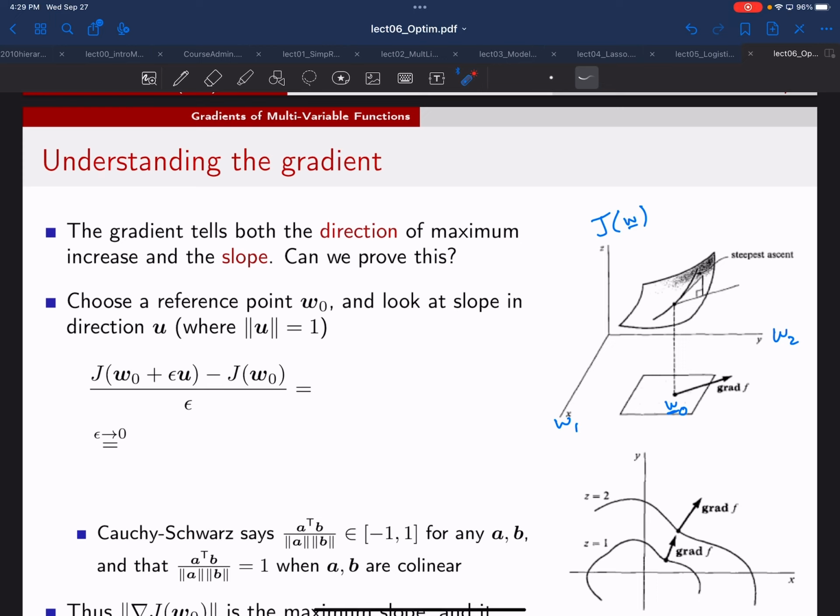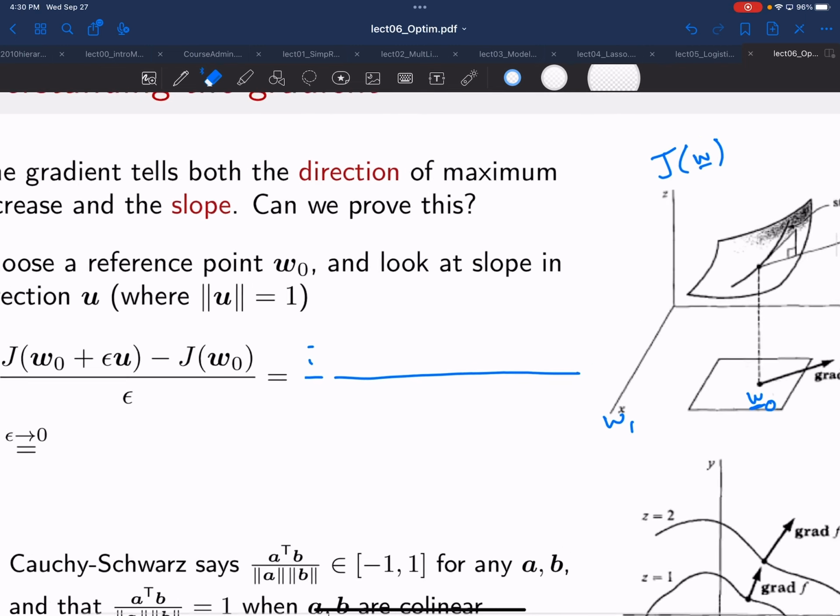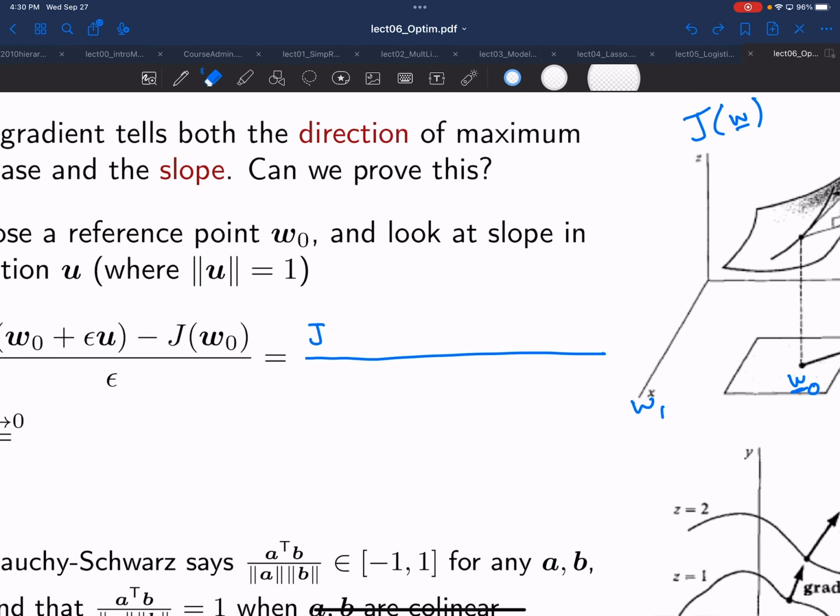We can now use the Taylor series approximation for this. I'm going to write small and try to cram in a bunch of stuff here.